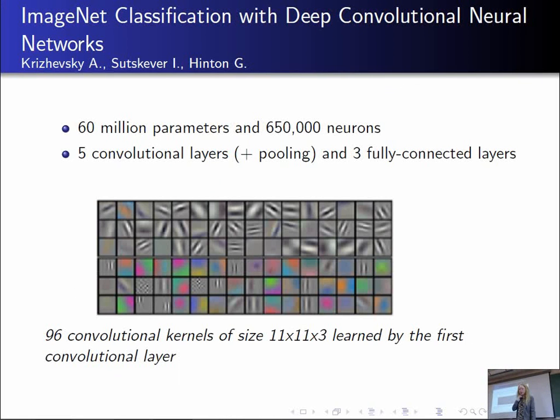Another paper is ImageNet classification with deep convolutional neural networks. They also developed and trained a convolutional neural network with 5 convolutional layers plus pooling and 3 fully connected layers at the end of the network. What was interesting here is that they plotted the convolutional kernels.